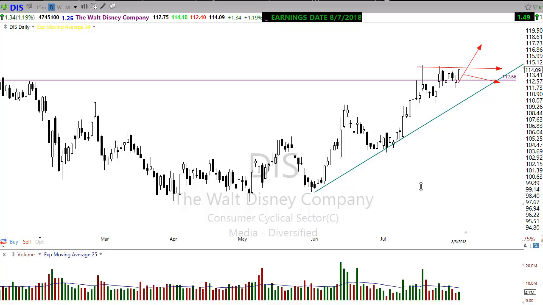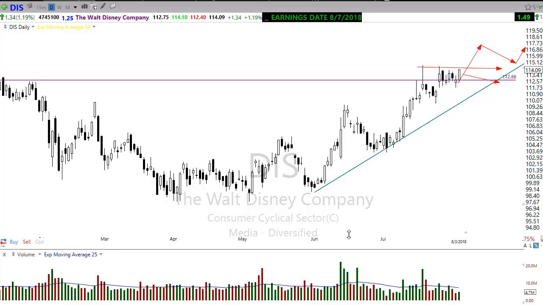I have no fear of missing out on a trade because here's what I know is true. Even if that does occur, eventually Disney is going to pull back and offer me an entry into the trade, and I don't have to chase or rush into the position.